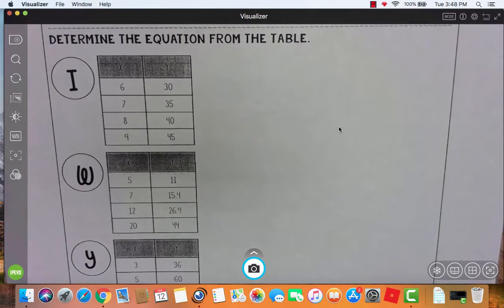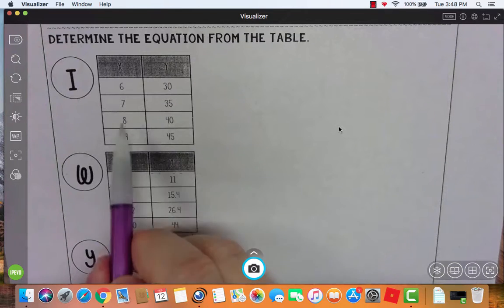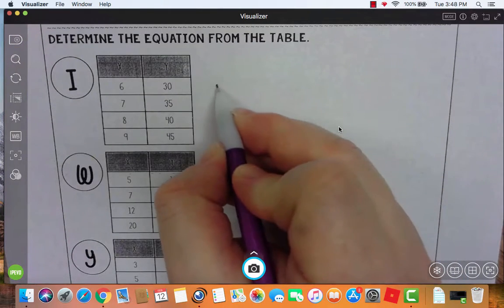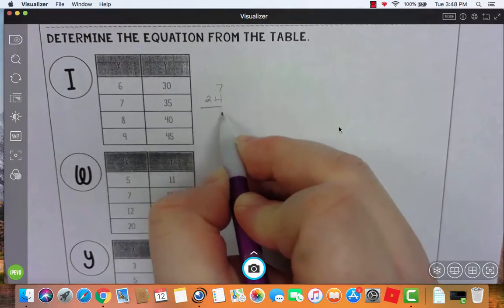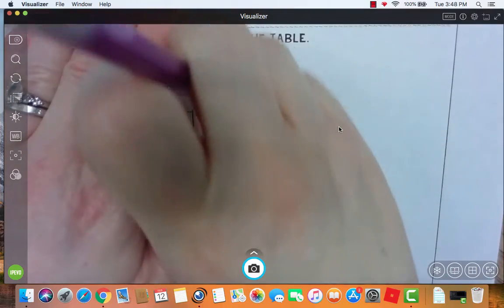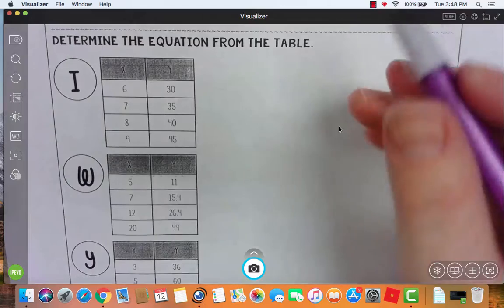Well, let's see. I'm going to start with adding first. 6 plus 24 is 30. So 7 plus 24 is, I'm going to come over here and work that out. 31. That doesn't work. So I know that this sequence is not going to be arithmetic.